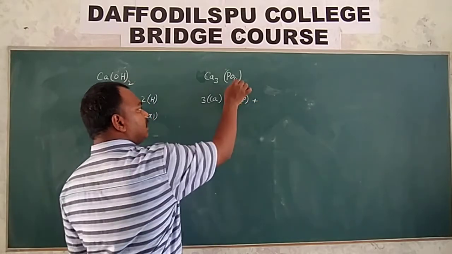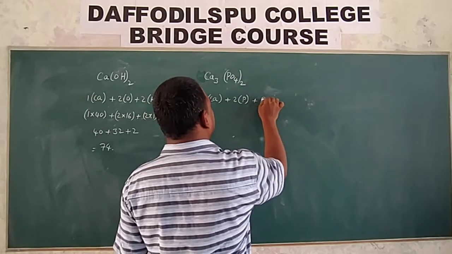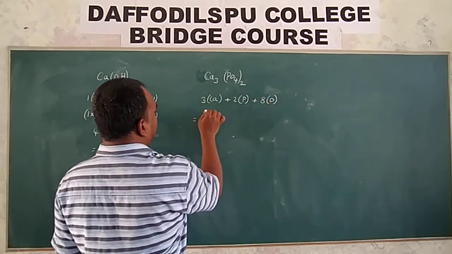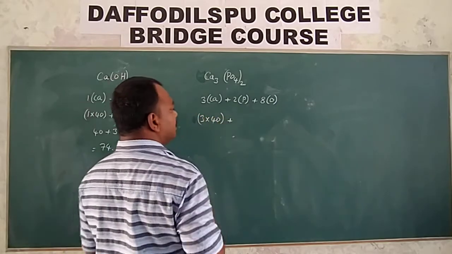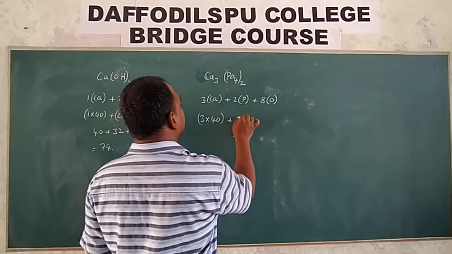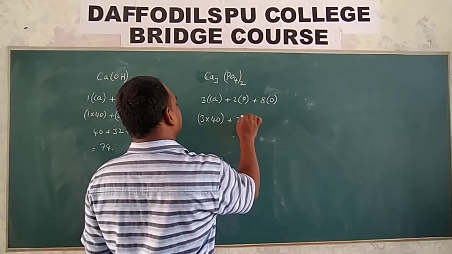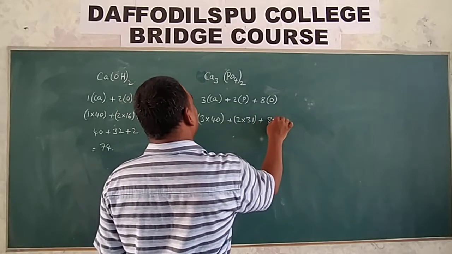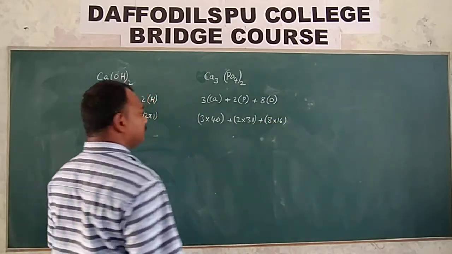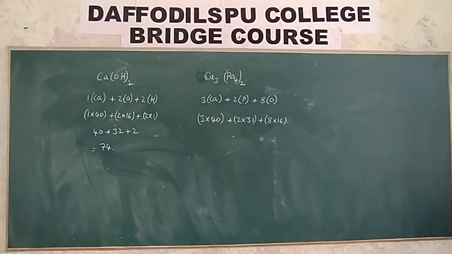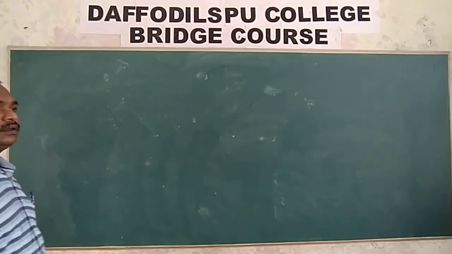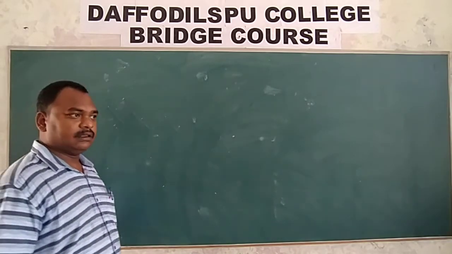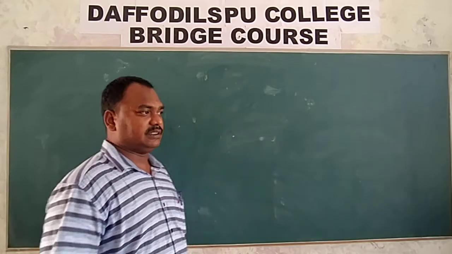How many oxygens are there? 4 into 2, 8 oxygens. 3 into 40, atomic weight of calcium is 40. 2 into phosphorus 31. 8 into 16. So like that you have to calculate the gram molecular weight of substances.